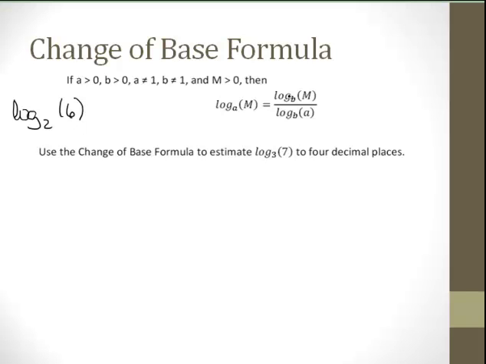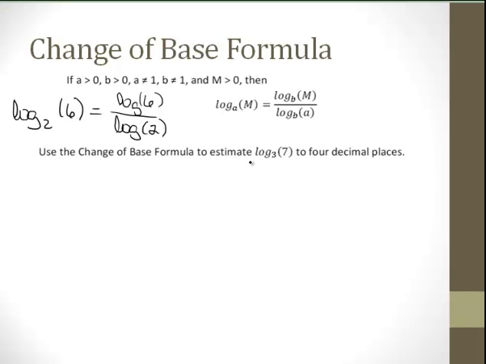You take the log of m, this m, divided by the log of a. So this would be the log of 6 divided by the log of 2, if you were going to calculate this one. And you could even use natural log. So look at this one.